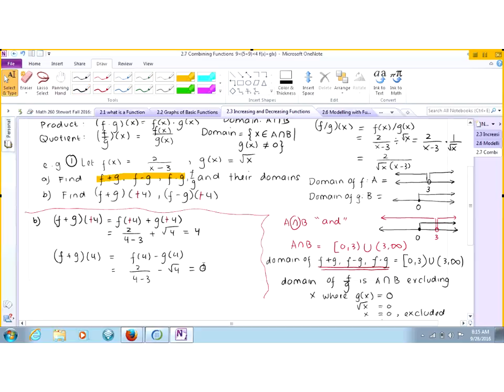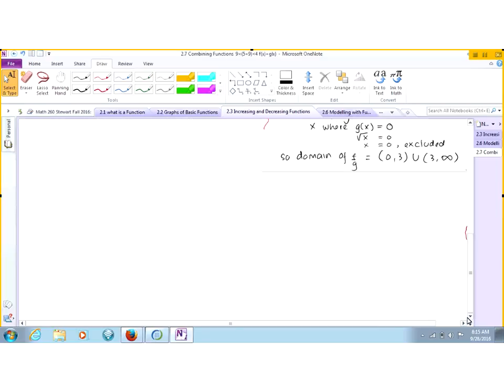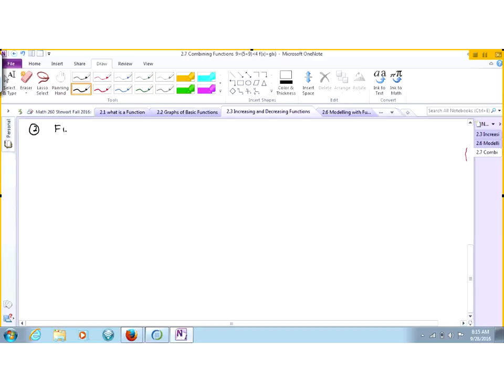Okay, so let's just find the domain. You guys ready? So number 2. Just find the domain of the function for each function.